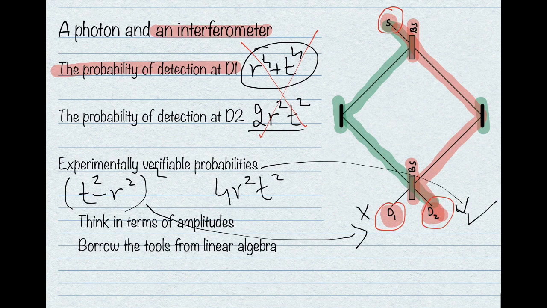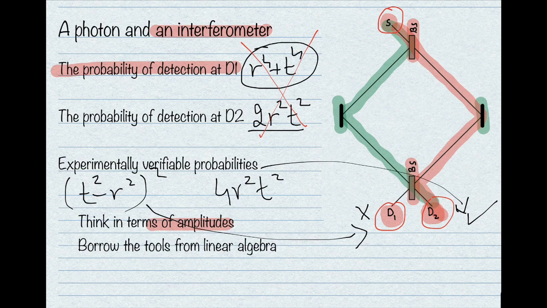This reminds us of interference-like phenomena with constructive interference along the path to the detector D2 and destructive interference towards D1. This gives us the idea to think in terms of amplitudes that flow along these two arms, interfere at the second beam splitter, and give rise to experimentally verifiable probabilities.